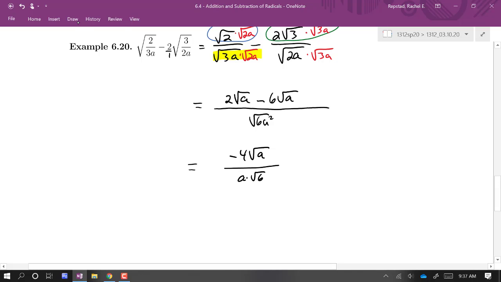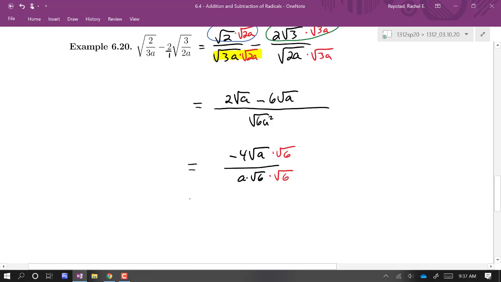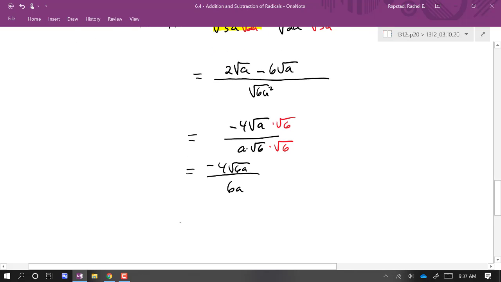So if we rationalize now, we can multiply by root 6 on the top and the bottom. So up top, we have negative 4 root 6a. What do we have on the bottom? 6a, and then there's one last step. What is it? Yeah, we've got to reduce. When you get results that are fractions, we always want to make sure we write them in reduced form.